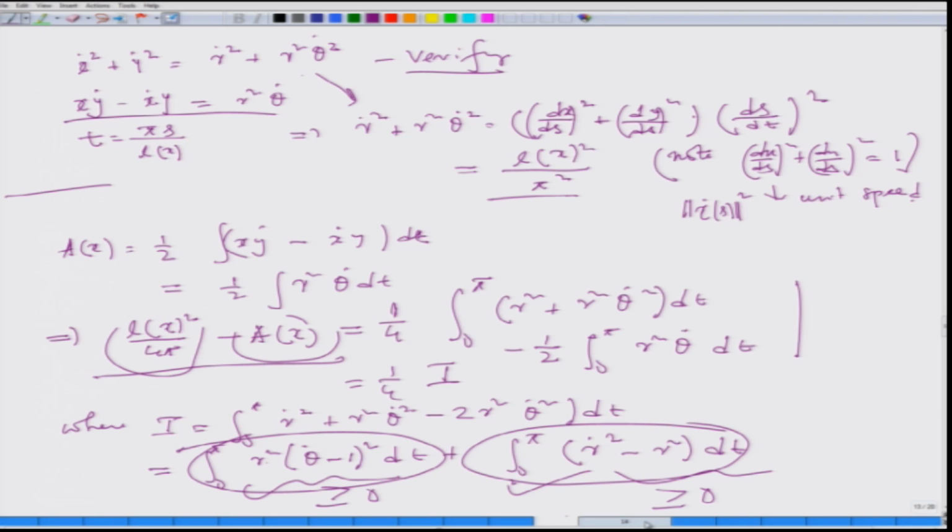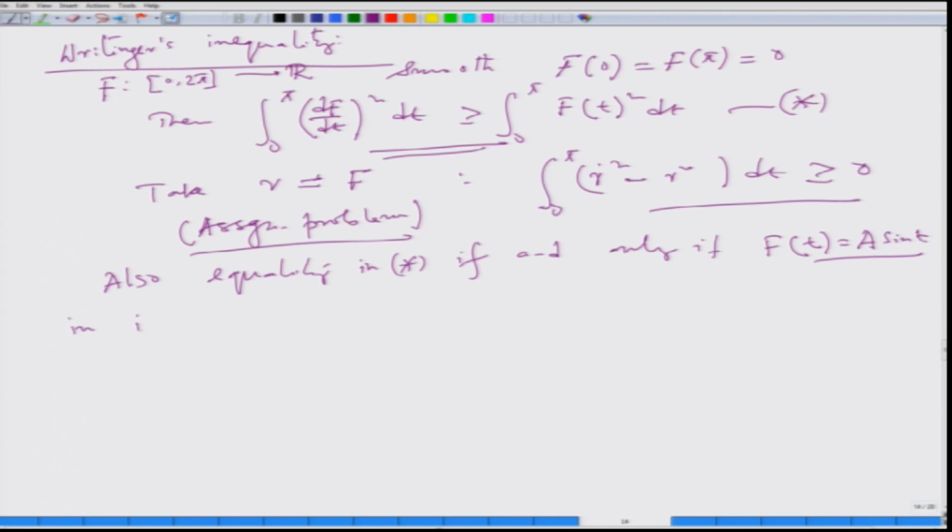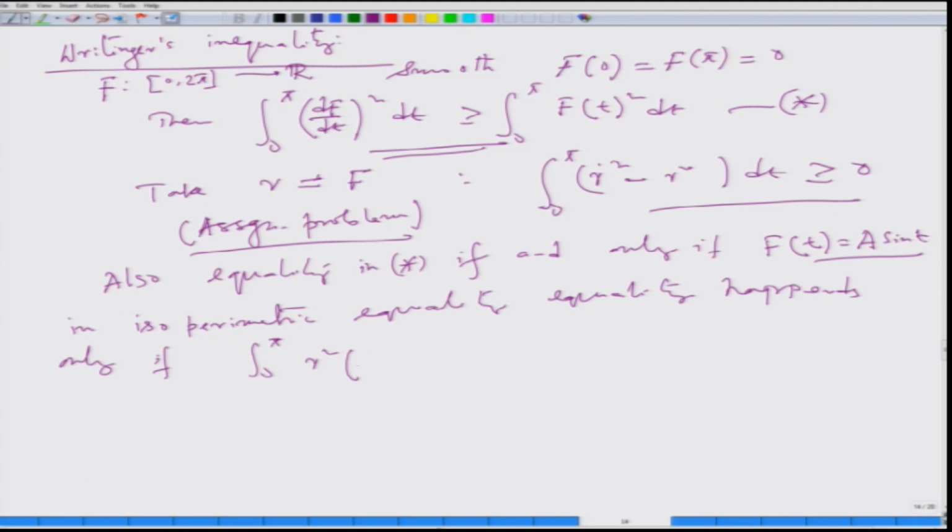So, that means in the isoperimetric inequality equality happens only if integral 0 to pi of r square times theta dot minus 1 square dt equals 0, which implies theta dot equal to 1 for all t, which implies theta equal to t plus alpha, some constant, and integral 0 to pi of r dot square minus r square dt equals 0.